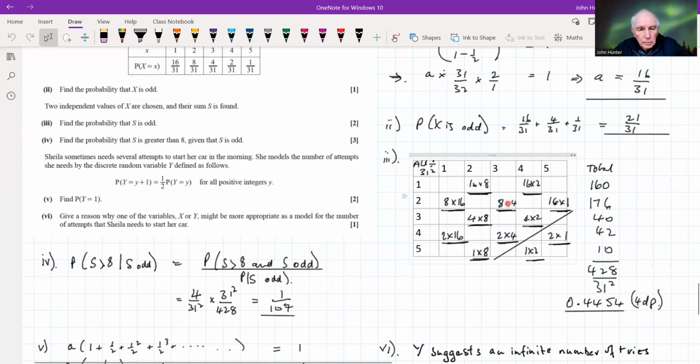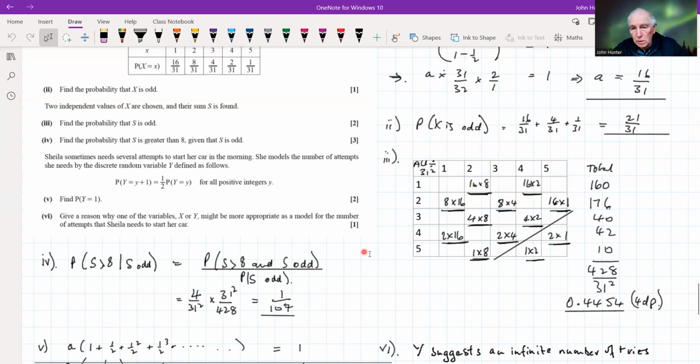And we're looking for the probability that S is odd. Well, actually, I've done it for all the odd sums. So that's 1 plus 2, that's 1 plus 4, and so on. I'm not bothered with the even ones because at this stage we don't need them.